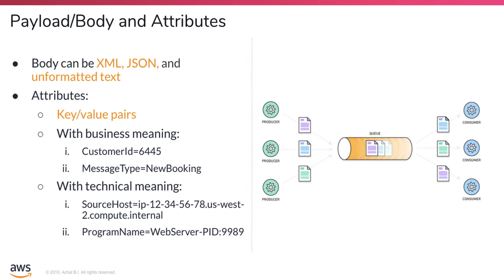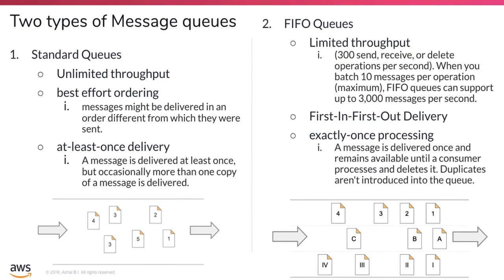And one important differentiator is messages can be encrypted, but attributes are never encrypted. So you can set server side encryption on SQS, and all your messages can be encrypted, but you can never encrypt these message attributes. There are two types of messaging queues. One is standard and the other one is FIFO queues.